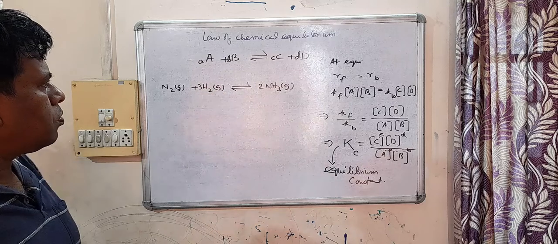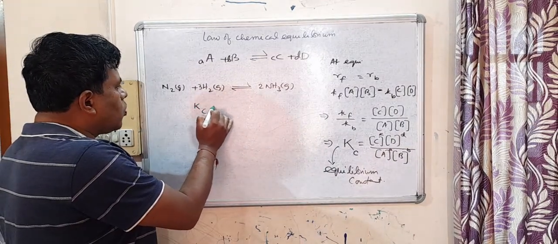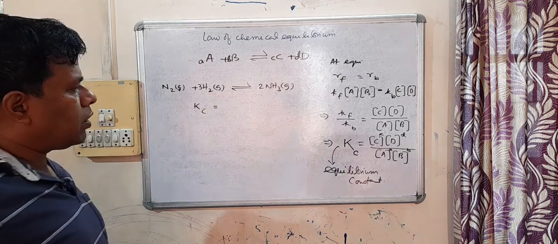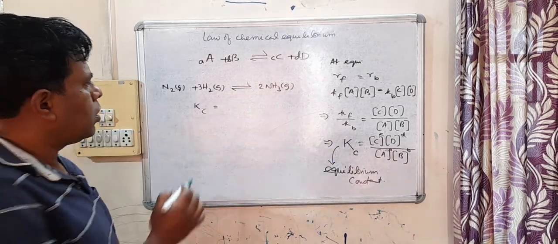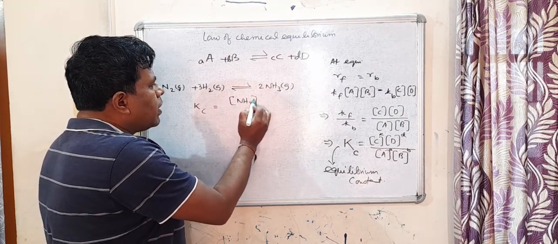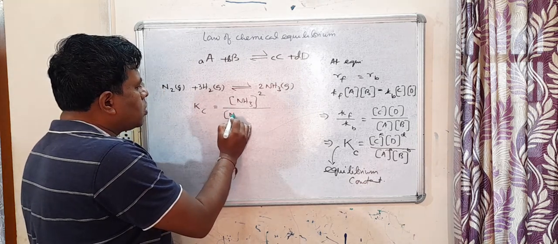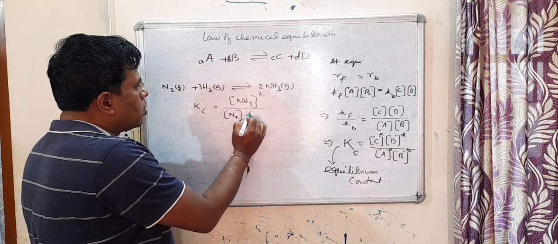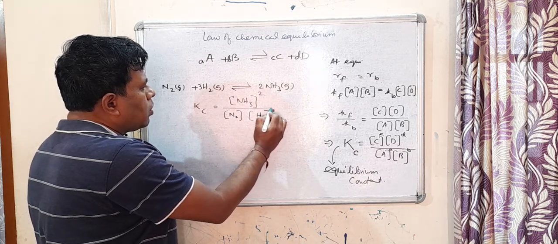So for this equilibrium, Kc, the equilibrium constant, we can directly write the result that we have got here. It will be molar concentration of ammonia raised to the power 2 by molar concentration of nitrogen, molar concentration of hydrogen to the power 3.